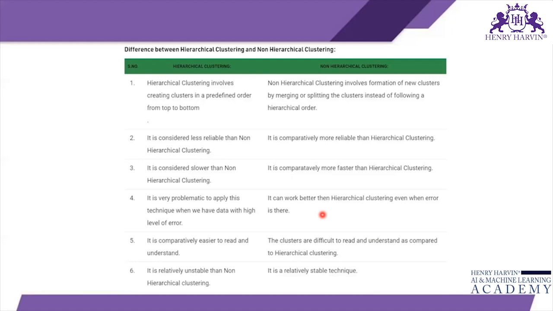Hierarchical clustering is comparatively easier to read and understand. We can easily read and understand the hierarchical clustering. The clusters in non-hierarchical clustering are more difficult to read and understand as compared to hierarchical clustering. Hierarchical clustering is relatively unstable, while non-hierarchical clustering is a relatively stable technique.